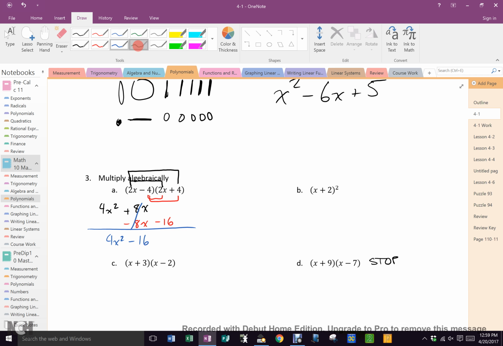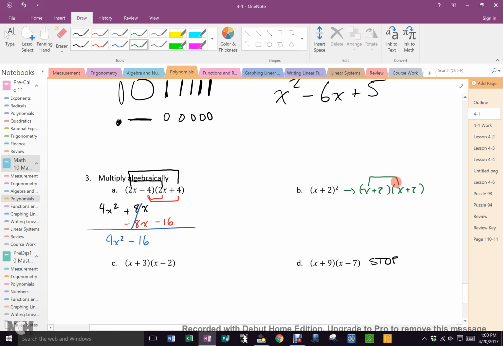Okay. Now look at B. Some of you are going to be tempted by your last test to do this with the 2, aren't you? Is that right? No. Because this means x plus 2, the whole thing, twice, because this whole thing is a base.